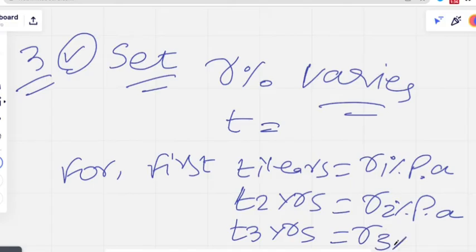R3% per annum. If you have this kind of scenario, where the rate of interest is different for different time periods, for example T1 years at R1% per annum, T2 years at R2% per annum, T3 years at R3% per annum, we have a simple formula.